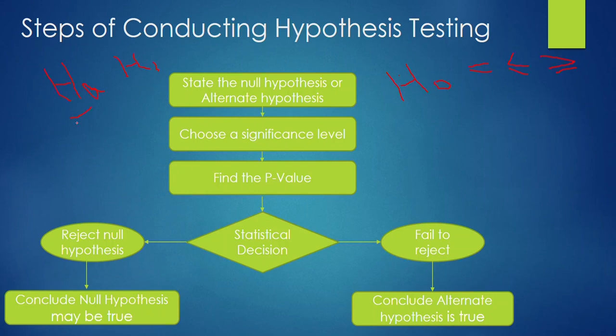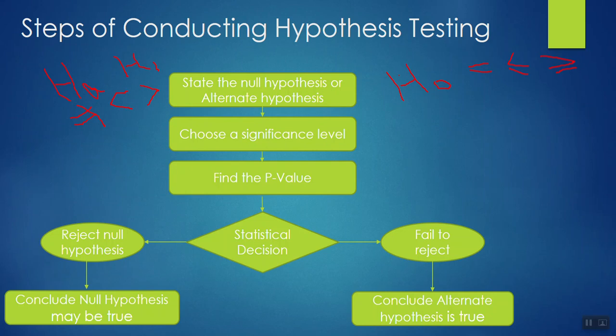Mathematically, it is written with not equal to, or sometimes less than or greater than symbols. This often includes phrases such as an effect, a difference, a relationship, or a change.